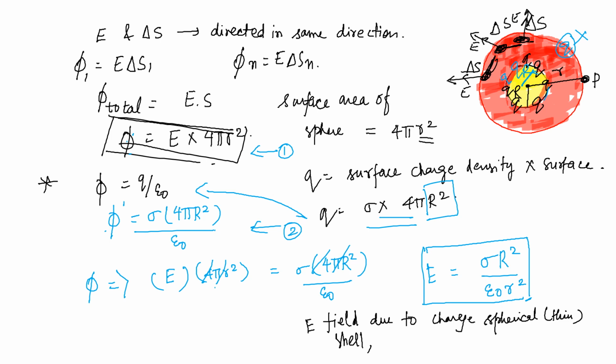Now if we want to introduce the vector, we will introduce a vector over here, and we will introduce r cap. r cap is the direction of the position vector from the center to the point P. We are considering E at P. So always make sure to take the small r, not the capital R. Capital R is just for showing the constraints of our charges. The charges are present on the surface of the sphere of radius capital R, but we are calculating at a distance of small r.